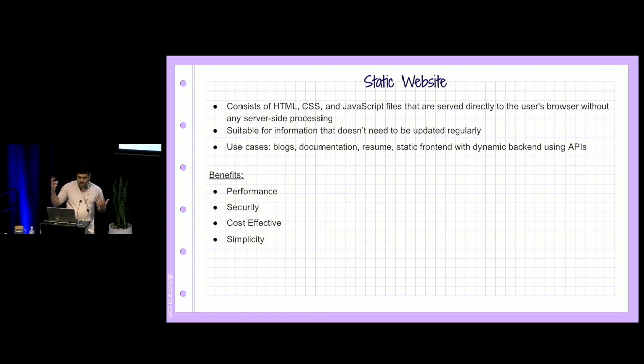So using a CDN on top of a static website really increases your performance, because you don't have to do any processing. You don't have to change the content that you show to your users based on who the user is. You basically have the same file stored in servers all across the world, and you present that to the users.